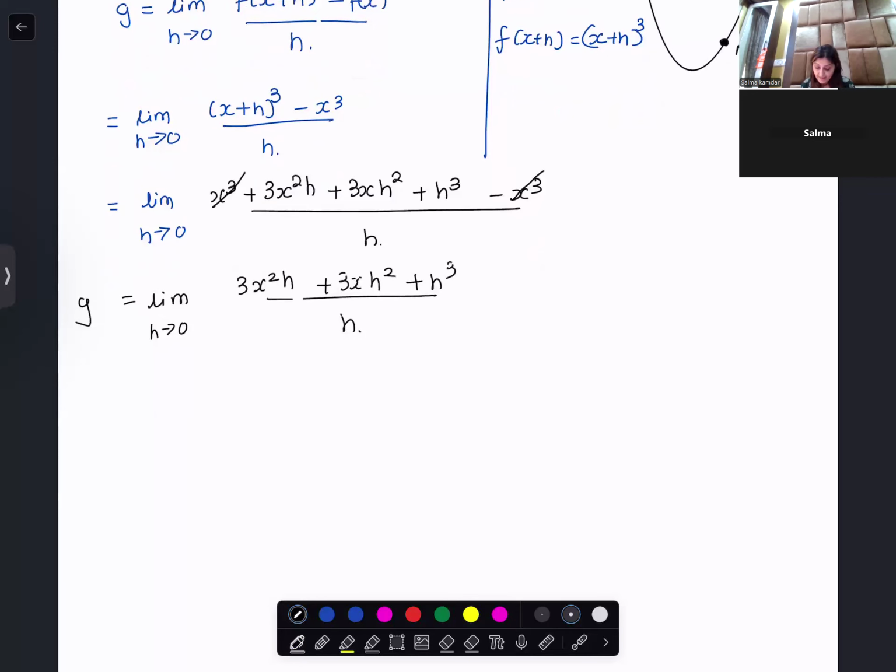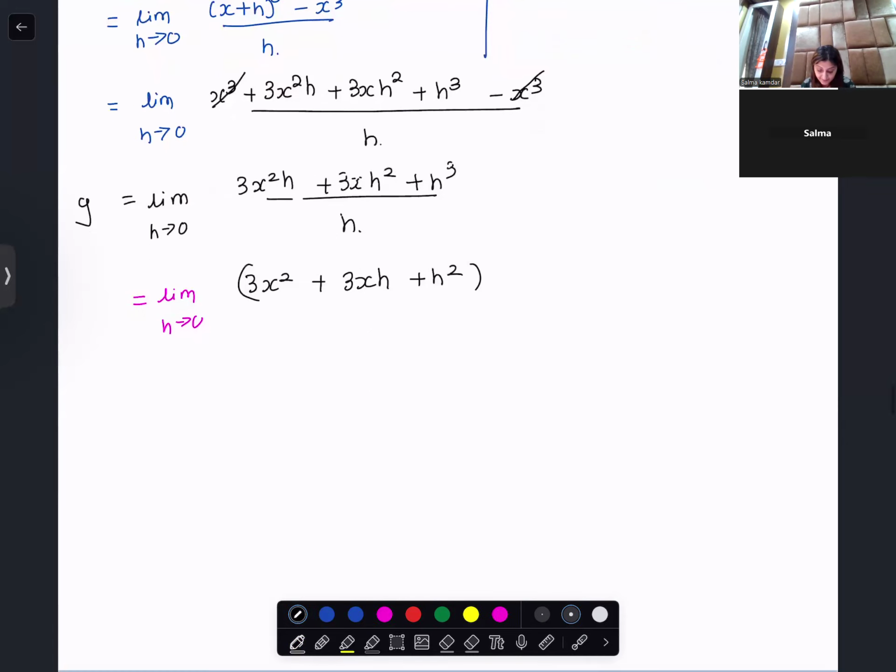Okay. Now what I will do is I will divide the entire equation by h. So this becomes 3x square plus 3xh plus h square. Since I'm going to divide it by h, h is getting cancelled.